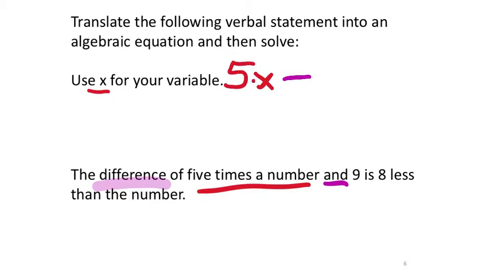Like I said before, I believe on the homework you can put multiplication between there. I am not going to do that. Hopefully that's okay. And the second part of the subtraction is 9. So 5x, 5 times the number, minus 9. There we go. Okay. Is, that is the word for equals.